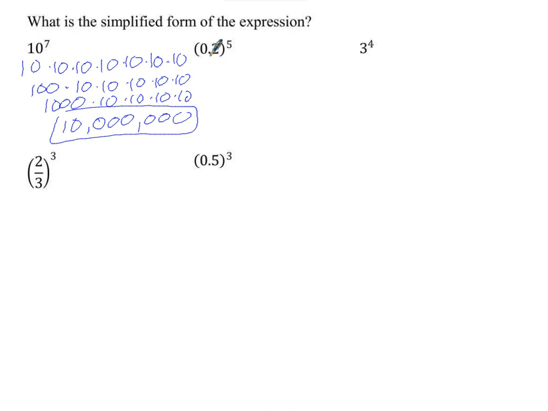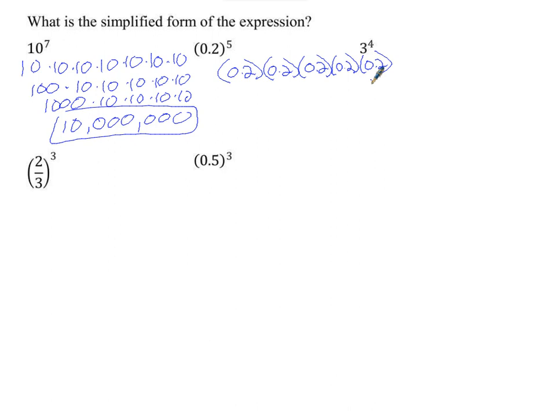So we have 0.2 to the 5th power. Just like over here with 10 to the 7th, what this really says is 0.2 times itself 5 times. And if we wanted to find out what this is and we didn't have a calculator, we would have to do what? Just start multiplying it out.